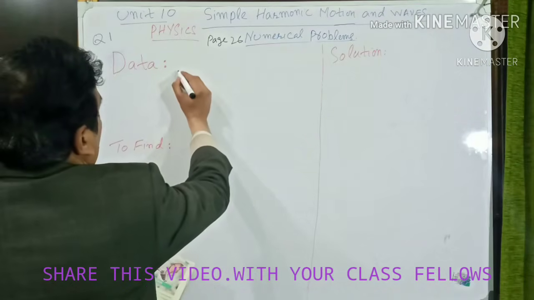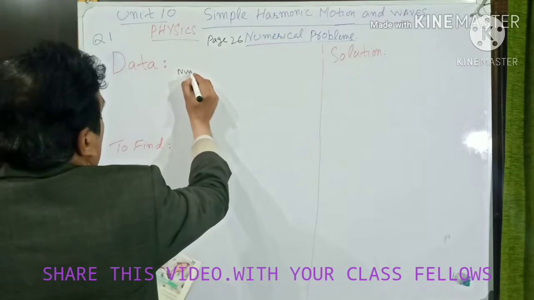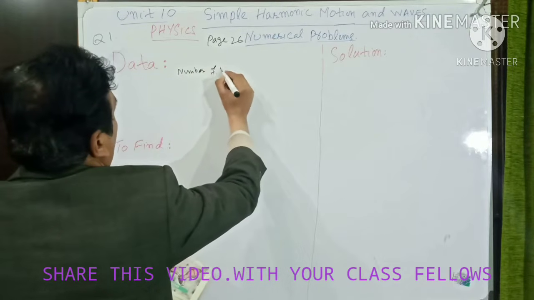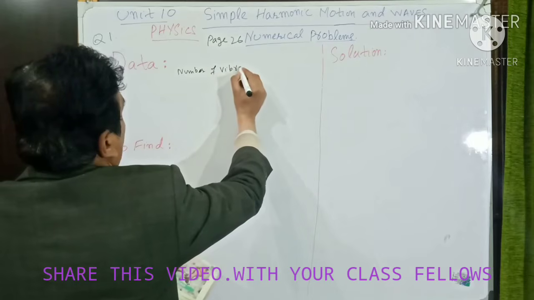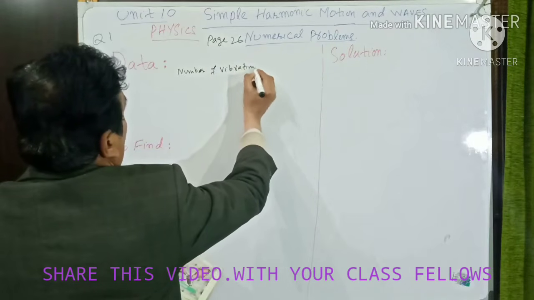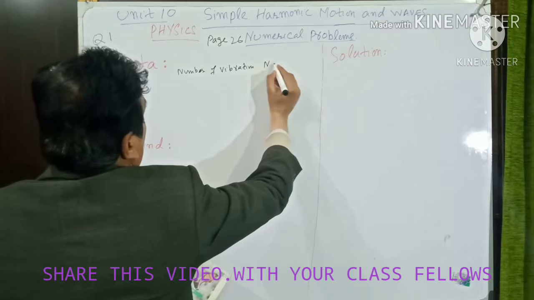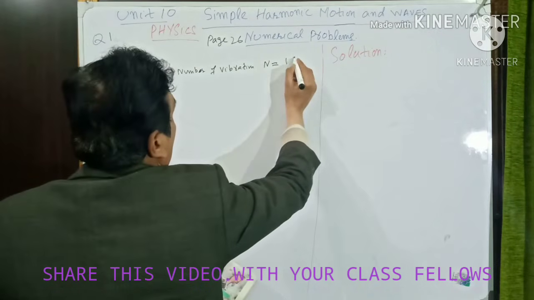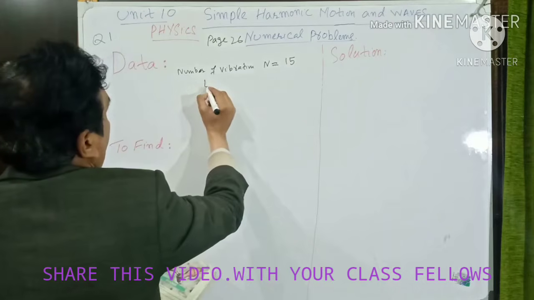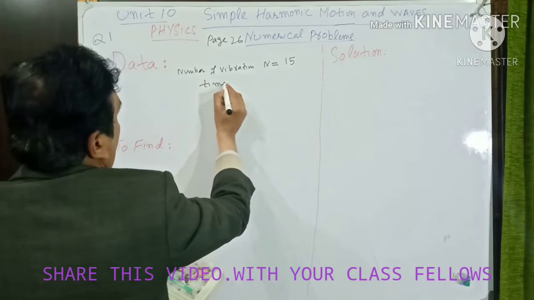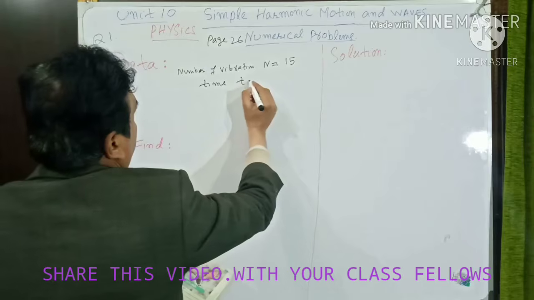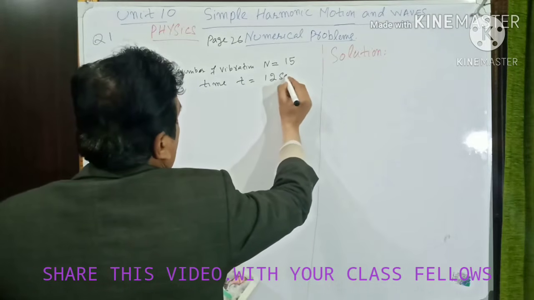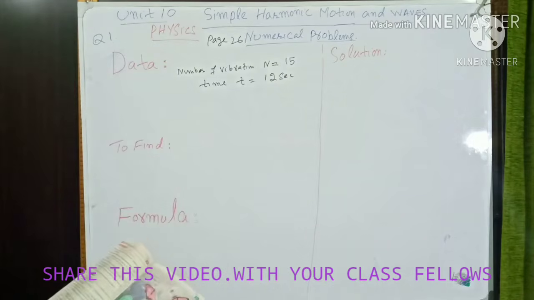Here number of vibrations, which is denoted by n, is 15, and time t is given, 12 seconds.